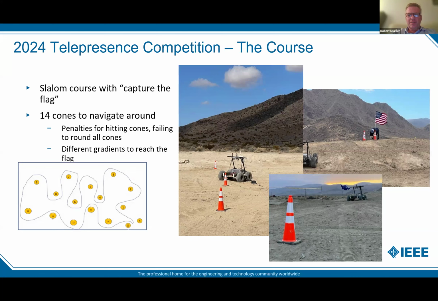The team that did it the fastest won, but if they hit a cone, then they had a time penalty, which was added to their time. So the fastest time won. So that worked quite well.